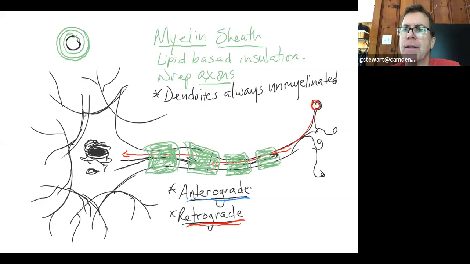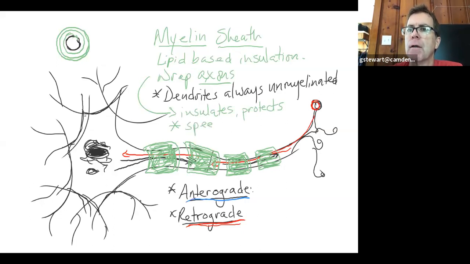So here's what it does. The function of this stuff, I'm going to go back to green. It insulates, protects, and most importantly, not that the other two aren't important, speeds up transmission along that axon of the electrical impulse.